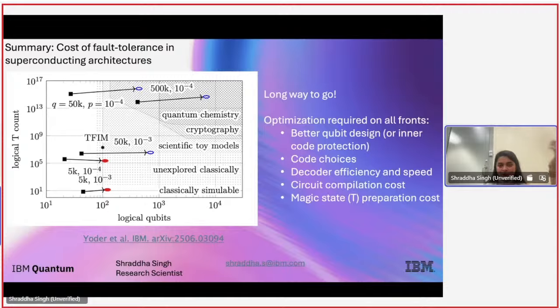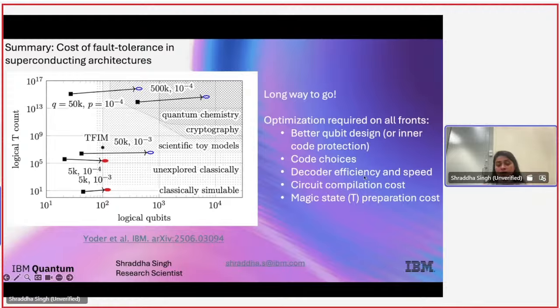Then we are looking at different code choices, for example, surface codes, LDPC codes, bosonic encoding. And I've shown you some comparison in this talk already of how these different codes actually give different results in terms of the qubit overhead, the time, complexity, etc.